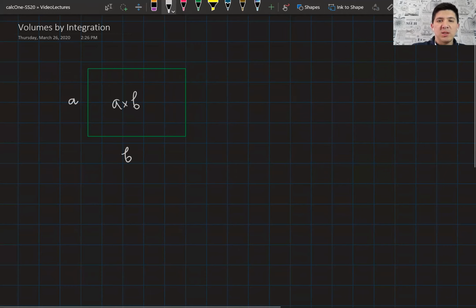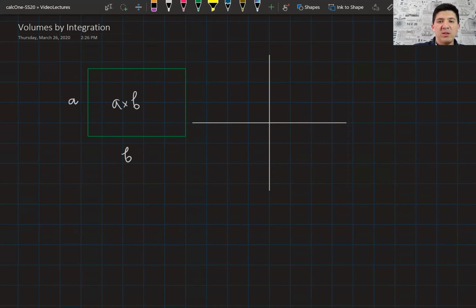Using this idea, if I would like to find the area under some function between a and b, say we're given some non-zero function like this. To find the area under this function, we just need to split the area into many small rectangles, and by summing those rectangles, we can find the area.